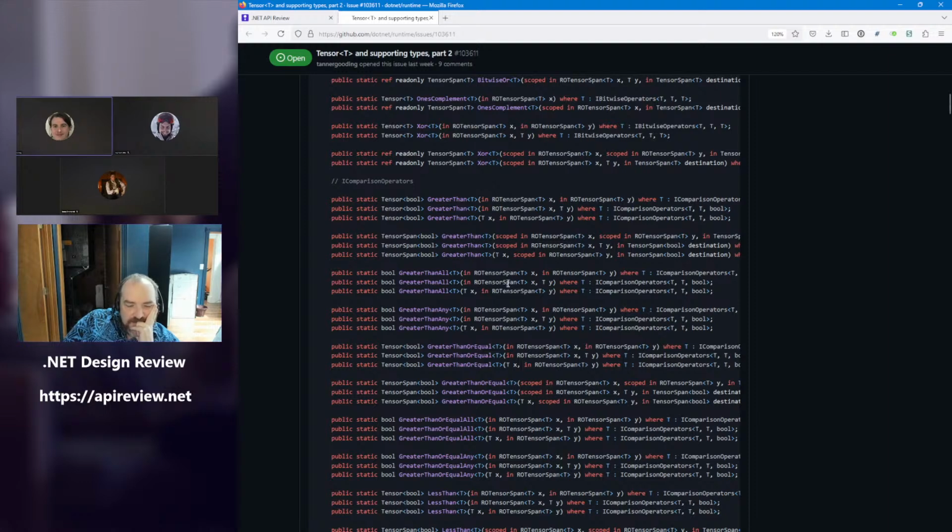In a more ideal world, we could just have an any and all function that operated on a tensor span of bool input, and we wouldn't need these overloads. But we aren't in a world where we have a way to create zero cost lambdas so that this can actually be efficient and avoid the allocation and avoid walking large amounts of memory twice.